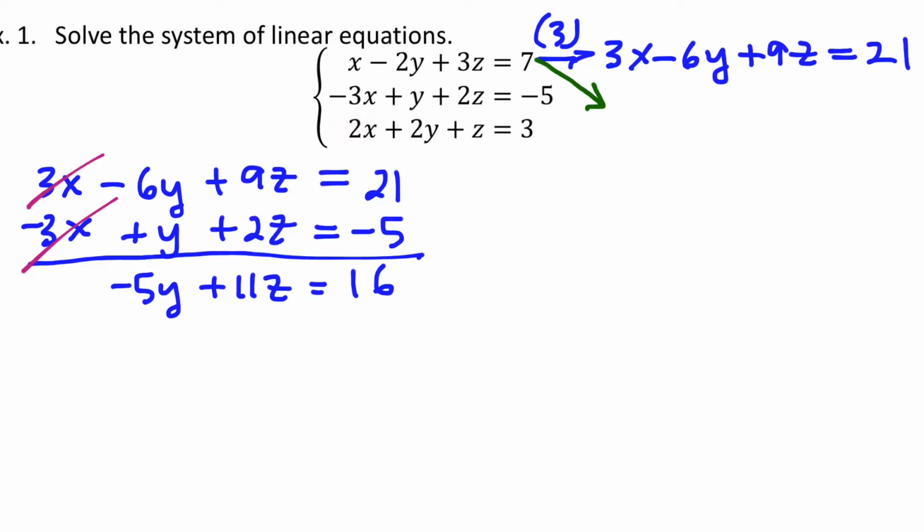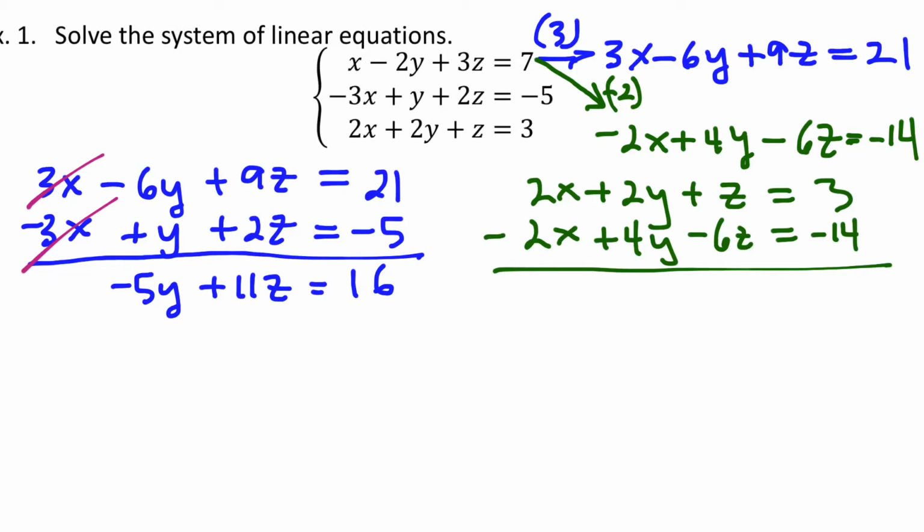So I'm going to multiply by negative 2 this time, and I'll get this equation right here. All right, now I'm going to write this equation and this equation, following the same procedure. So I wrote them down, and I can see that these x terms are going to cancel out again. So if I add the terms, I'll be left with 6y minus 5z equals negative 11.